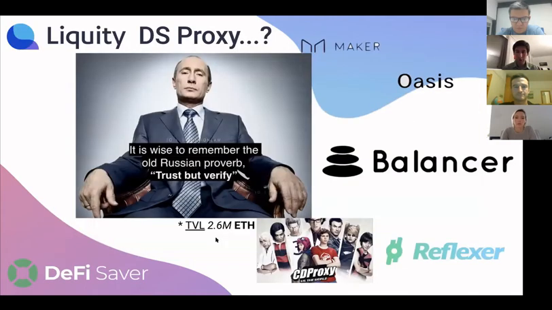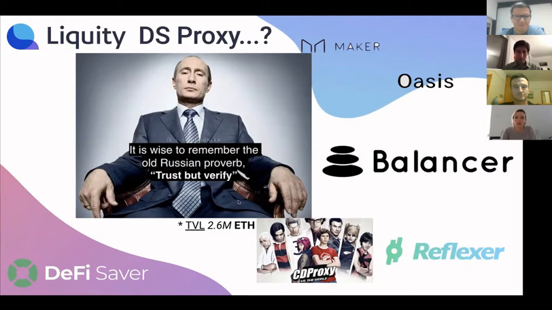So we thought to use DS proxy as a very, very battle-tested and proven plug for us to have this kind of functionality. And it's already used in Balancer, in Oasis, and Maker, and Reflexer.